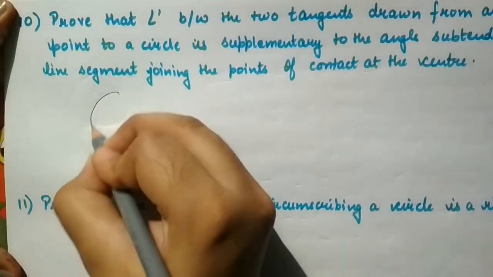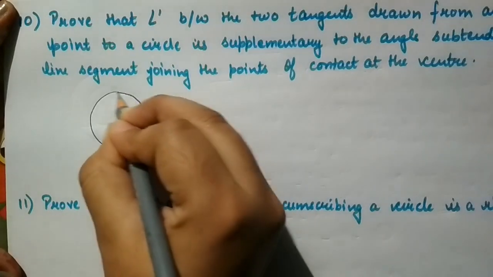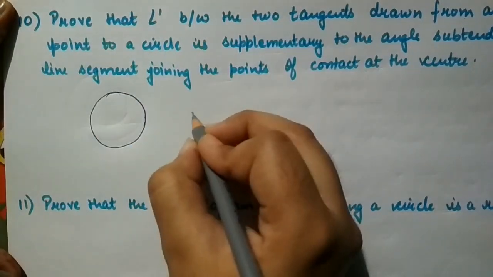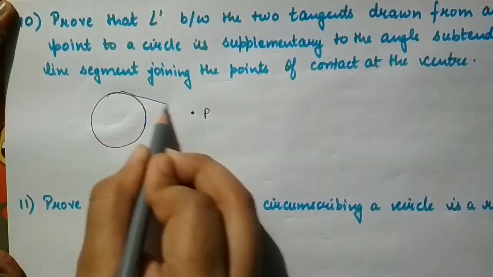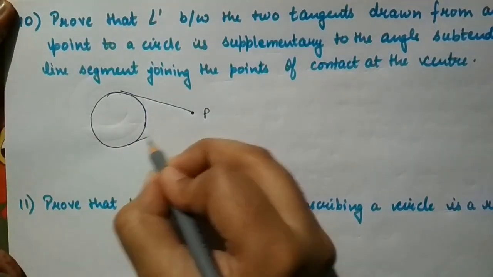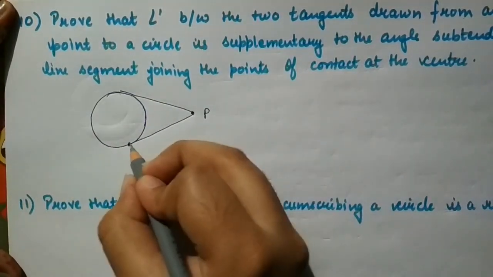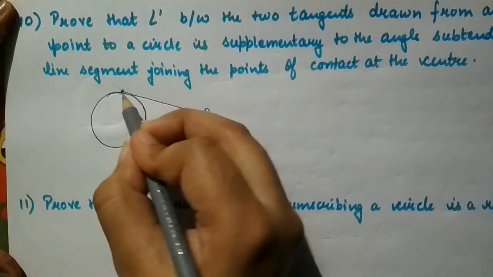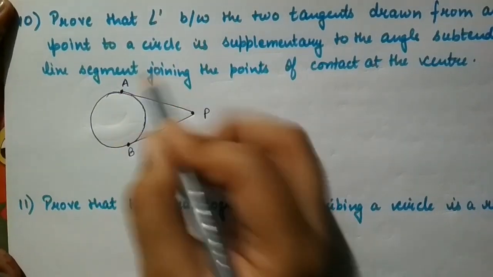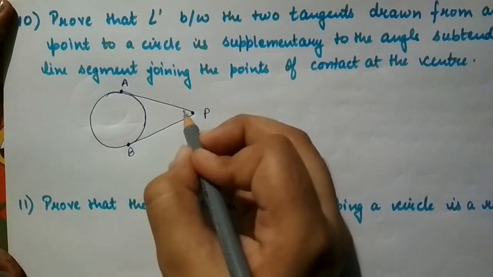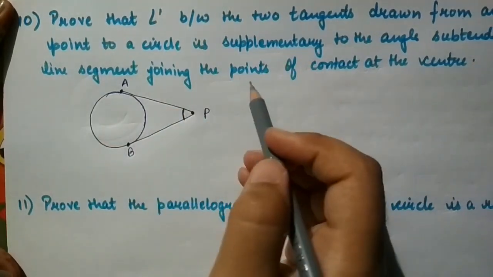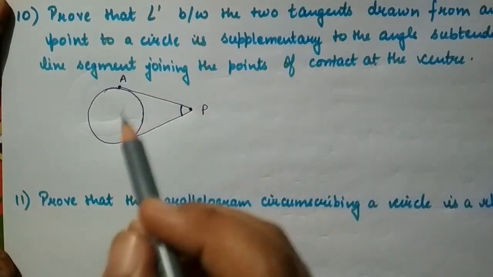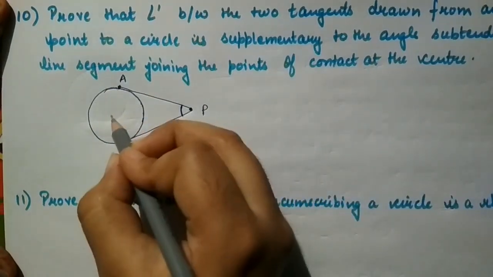It means if this is a circle and tangents are drawn from an external point P. So these two tangents are drawn from the external point P. Let this be point B and this be point A. Then they are saying to prove that angle between these two tangents, it means this angle, is supplementary to the angle subtended by the line segment joining the points of contact at the center.